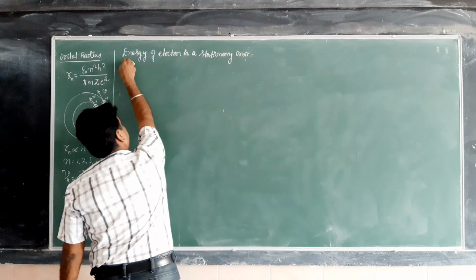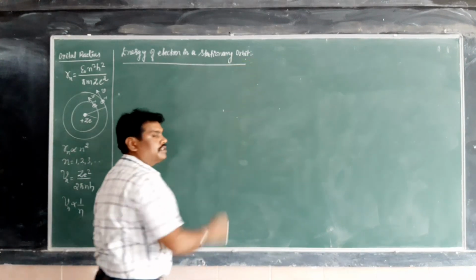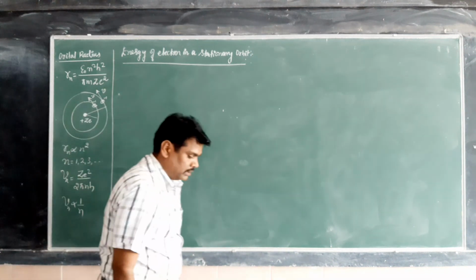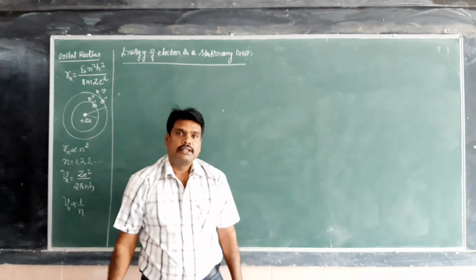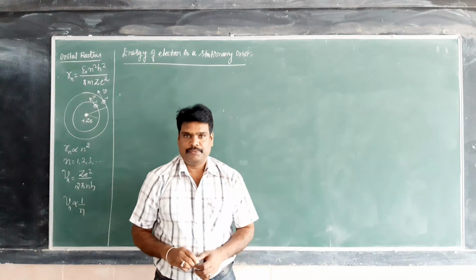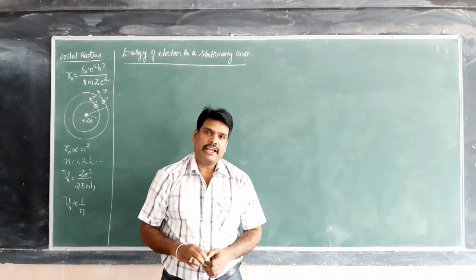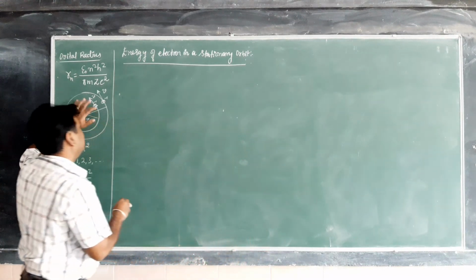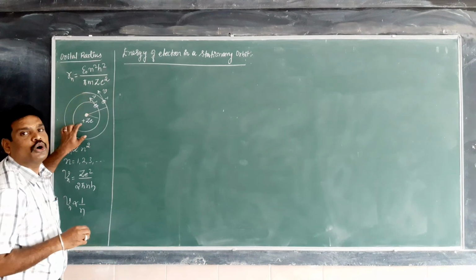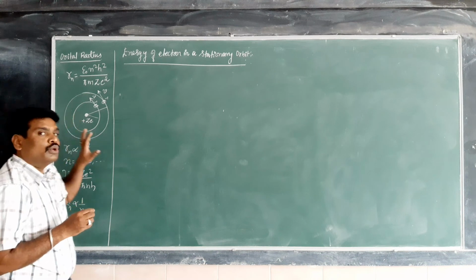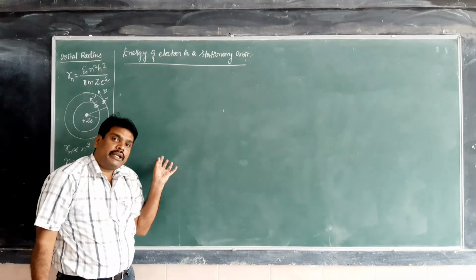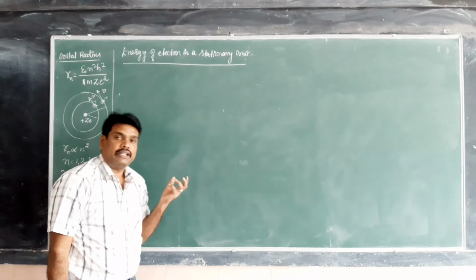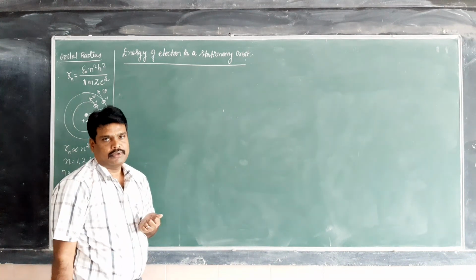To derive this expression, let us consider Bohr's first postulate for an atom. According to Bohr's first postulate, the electrons are revolving around the nucleus in a stationary orbit. To get the stationary orbit, it must satisfy that the centripetal force should be equal to the centrifugal force, isn't it?